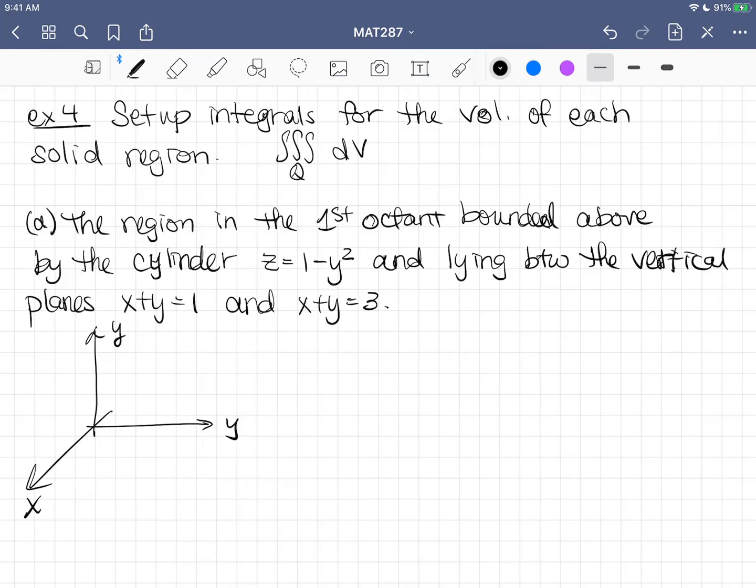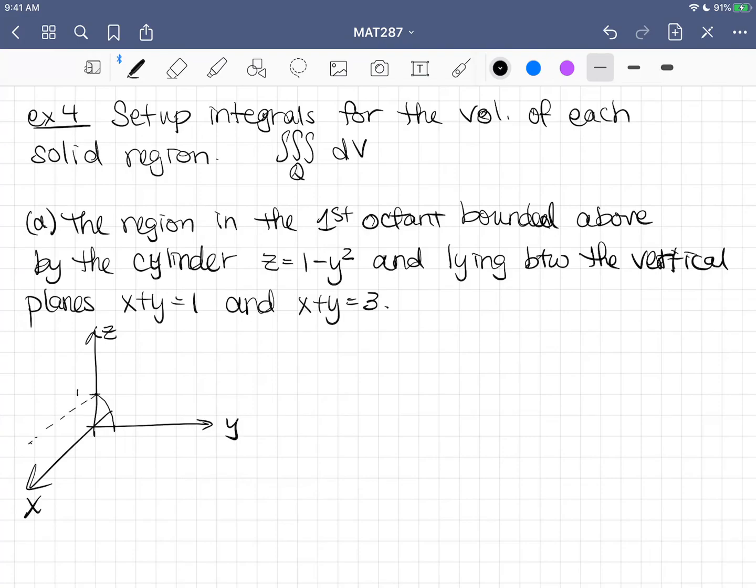All right, so z equals 1 minus y squared is, oops, I wrote y up here, didn't I? There we go. Is this parabola, and I'm going to just draw in the first octant, right?